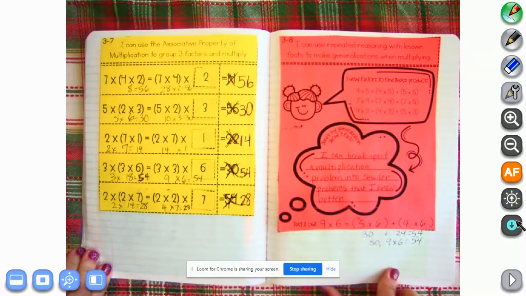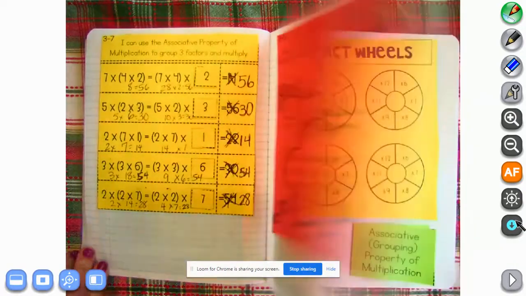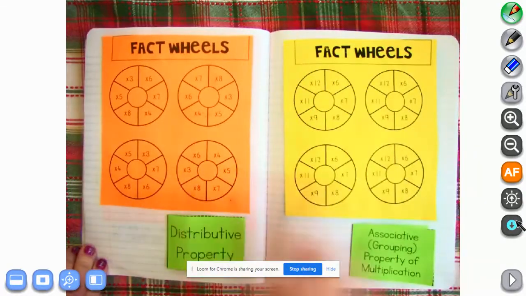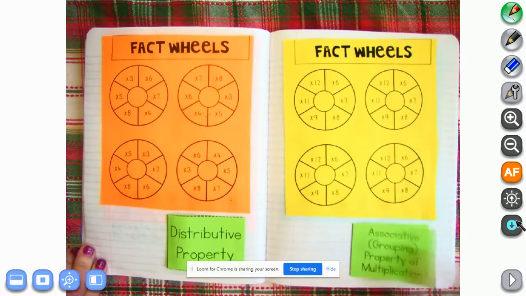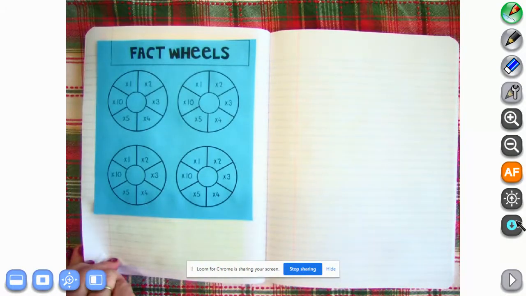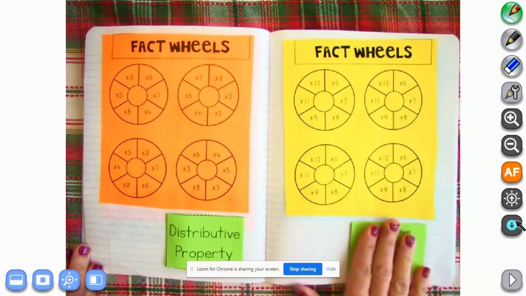So if you need to write anything down, pause it. Please forgive me for my mistakes there. And then we glued in our fact wheels, distributive property at the bottom, associative property at the bottom, and then our blue fact wheels. All right, so we're going to wait and do these tomorrow.